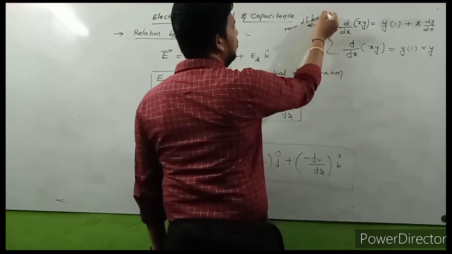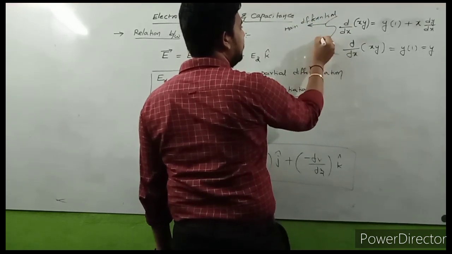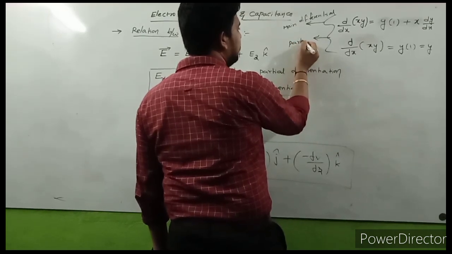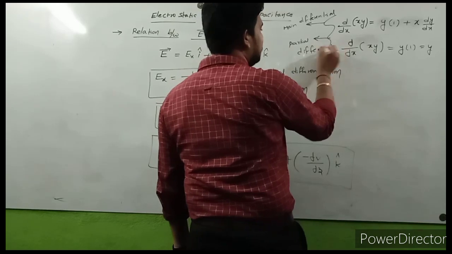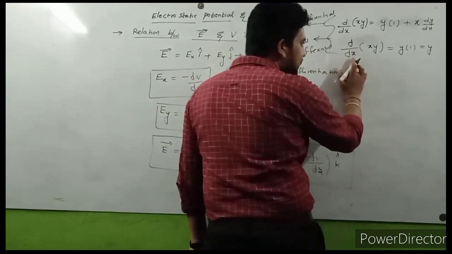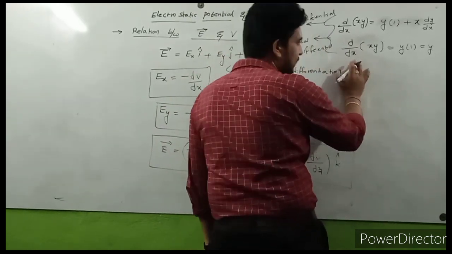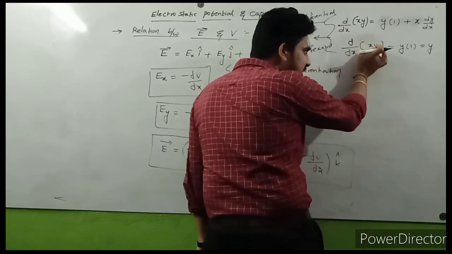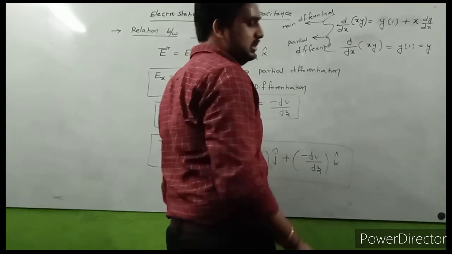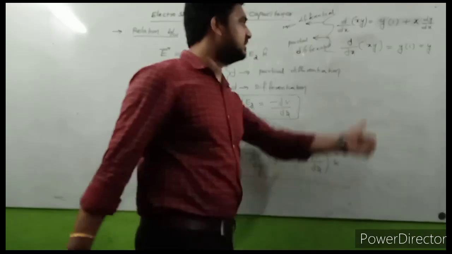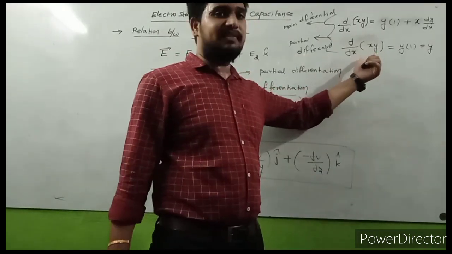This is called partial differentiation. In partial differentiation, we differentiate with respect to x only, and all remaining parameters are taken as constants. That is the meaning of partial differentiation.